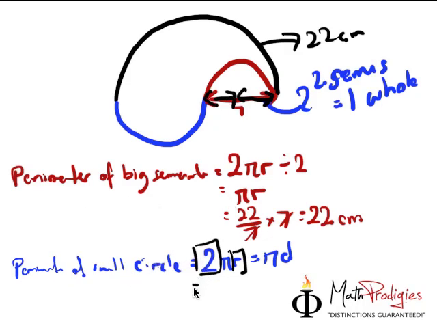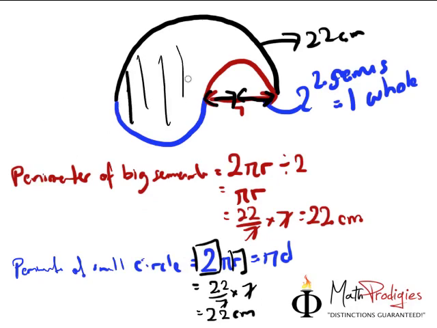Pi d's perimeter is 22/7 times 7 again. So we get 22 cm. Therefore, the perimeter of the shaded part is 22 plus 22, which gives you 44 cm. And that is the perimeter of the shaded part.